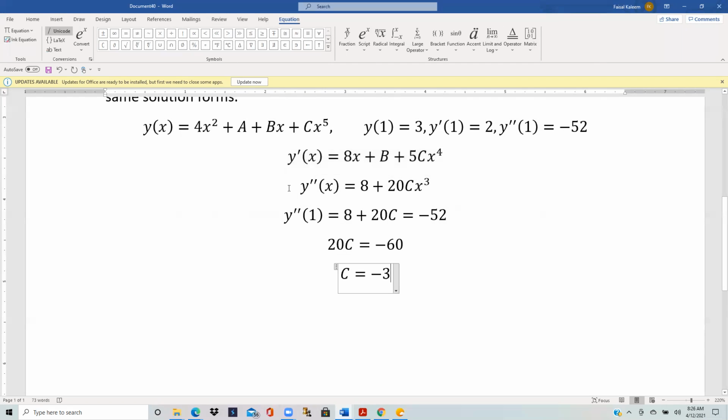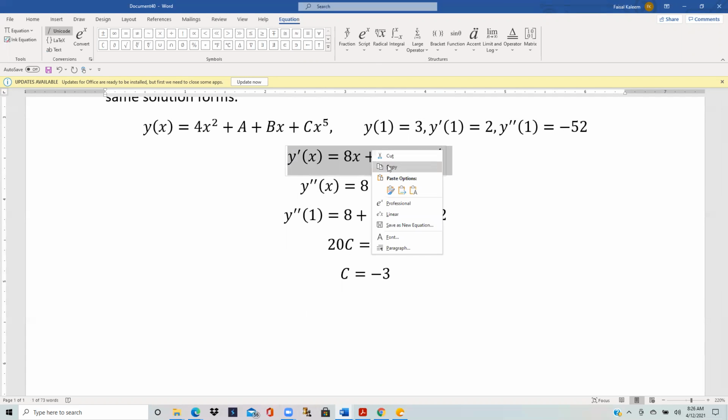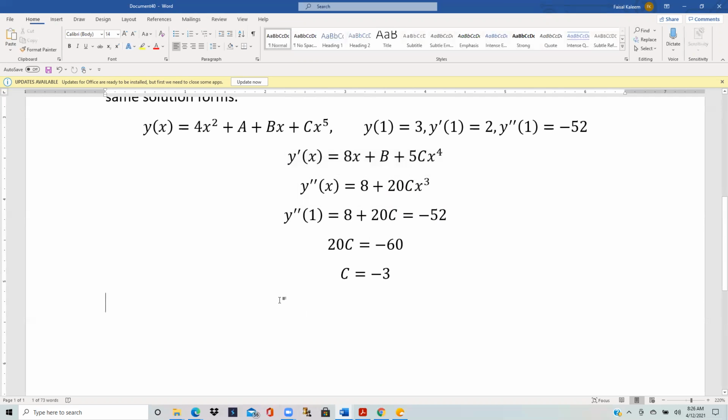Okay, so now let's return to the first derivative. So y prime at 1 is 2. So y prime at 1, the x would be 1, so 8. And c is negative 3. So 5 times negative 3 would be negative 15.